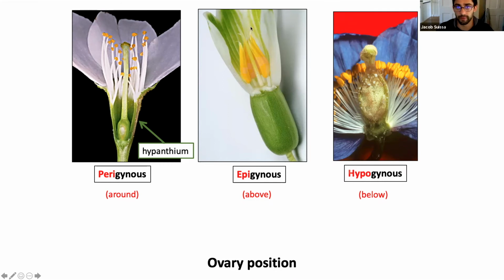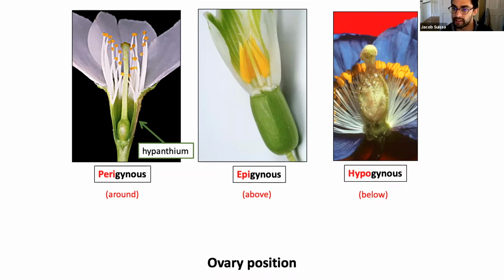So this is, what is this, a monocot? No, this is a cucurbit, a cucumber family thing, squash or something. And you can see that all of the floral parts are attached at the top of the ovary, the top of the fruit. So that is an inferior ovary, and we call that epigynous.